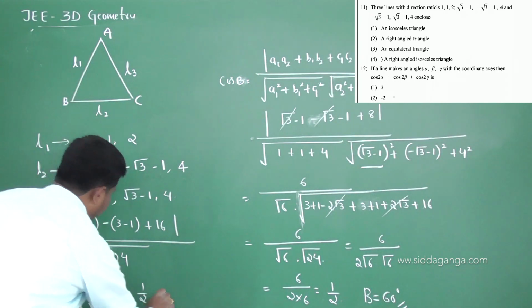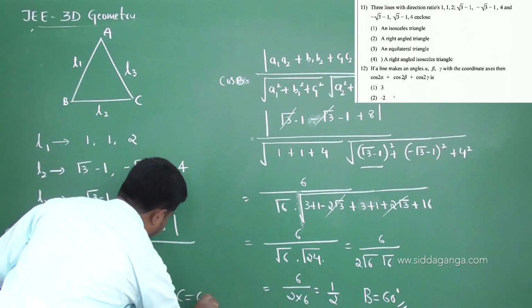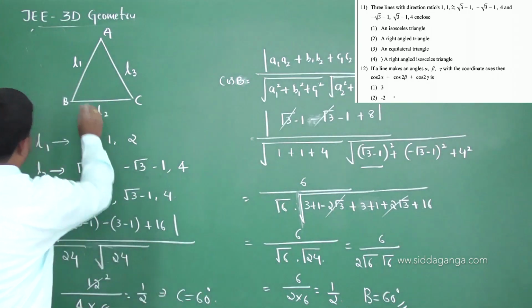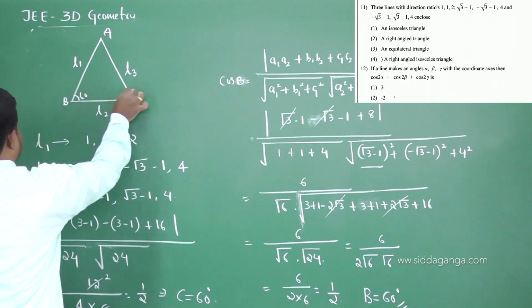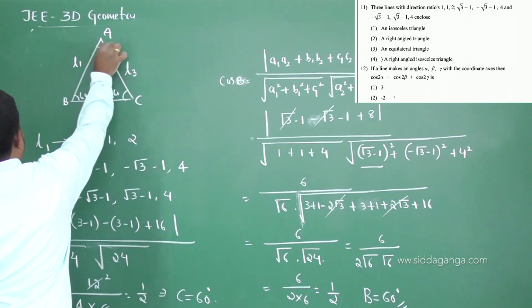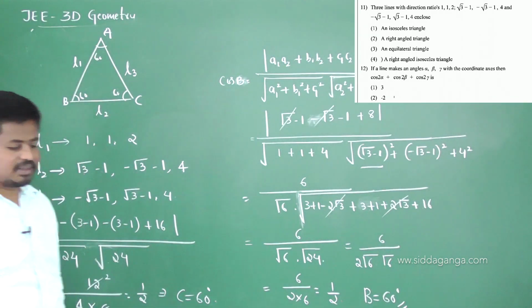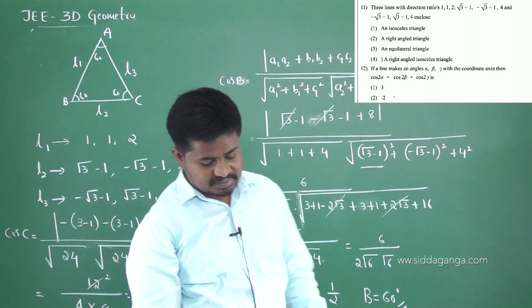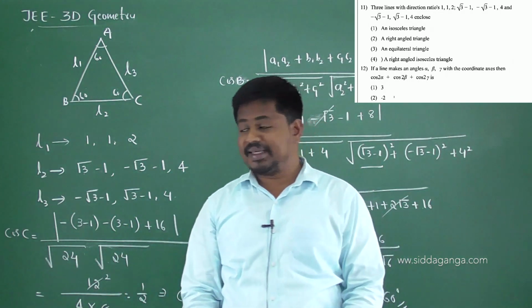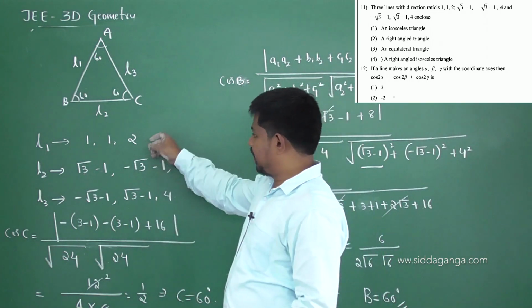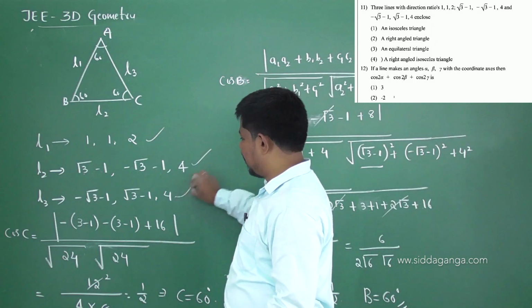This implies C is equal to 60 degrees. Angle B is 60 degrees, angle C is 60 degrees, and of course A also becomes 60 degrees. So all three angles are the same, 60, 60, 60. So the lines with these ratios form an equilateral triangle.